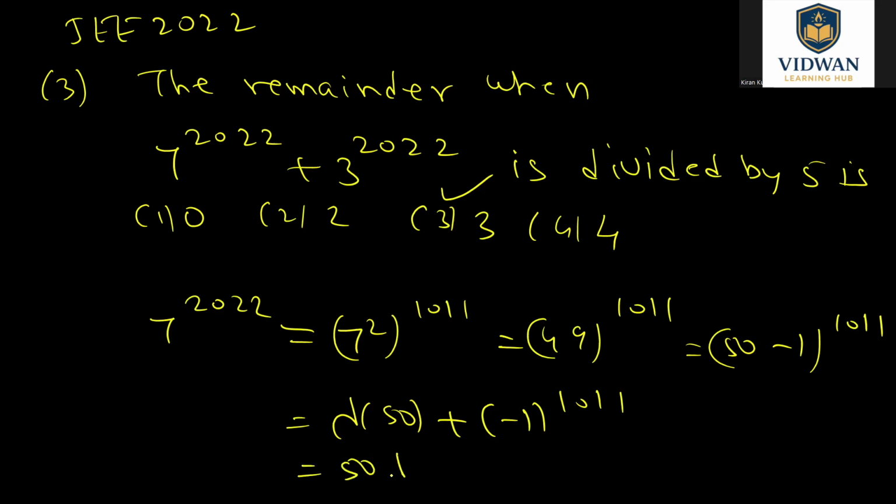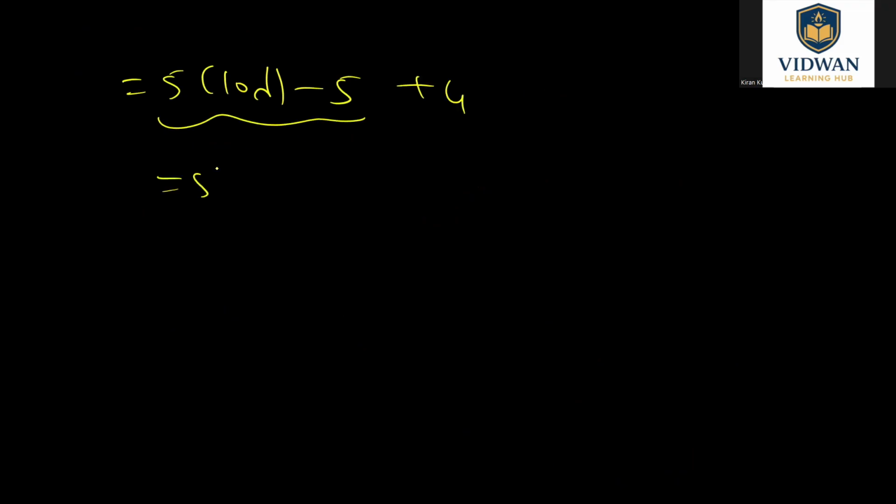So 50 lambda minus 1. And since you have to check divisibility with 5, you write this as 5 into 10 lambda minus 1. And since remainder cannot be negative, you subtract 4, add 4, so that you can get 5 here and you can take it common. So you'll get 5 into 10 lambda minus 5 plus 4. So this is a multiple of 5, you can say 5 into (10 lambda minus 1) plus 4.